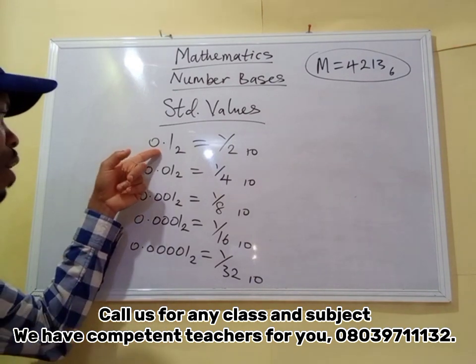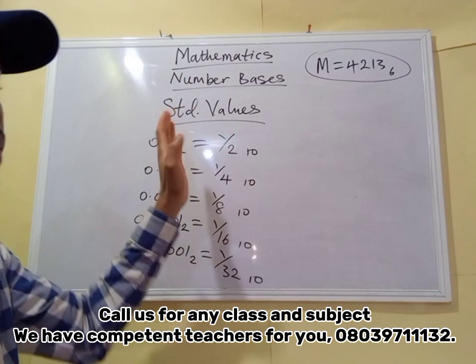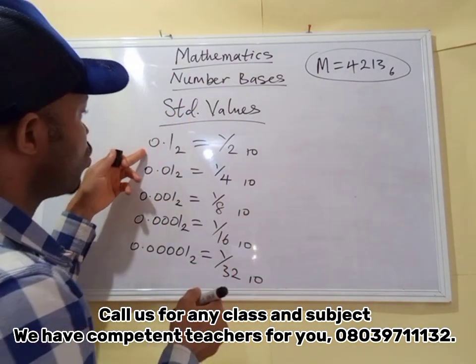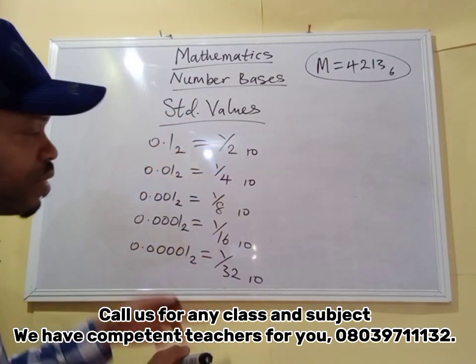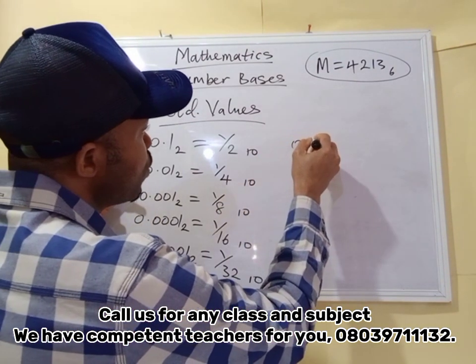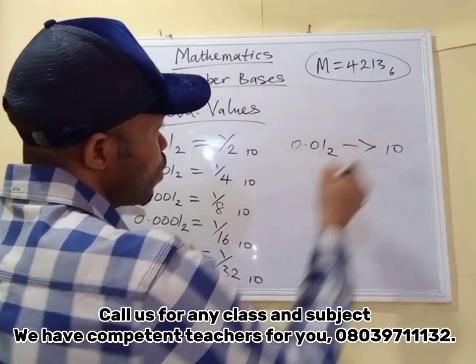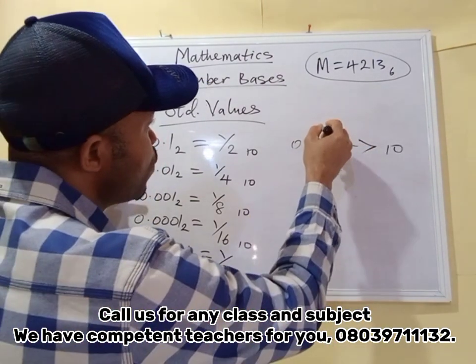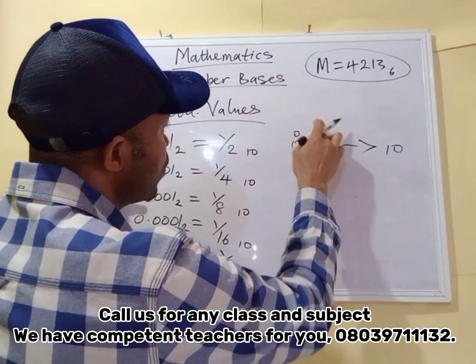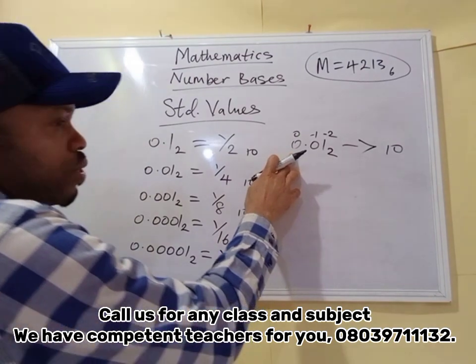Remember I said from any other base to base 10 is the linear method. So if you have to use one to prove why the answers are like this, let's use the second one to prove it. We have 0.01 base 2 and you are converting it to base 10. You're going to have this to power 0 on this side, to power minus 1, to power minus 2, because this is the unit digit.